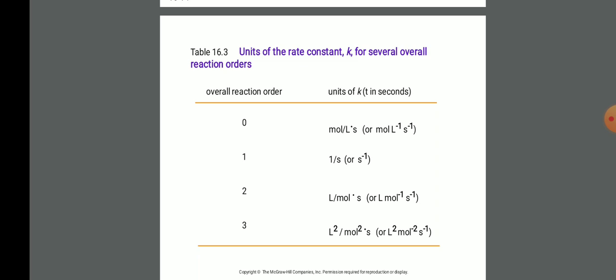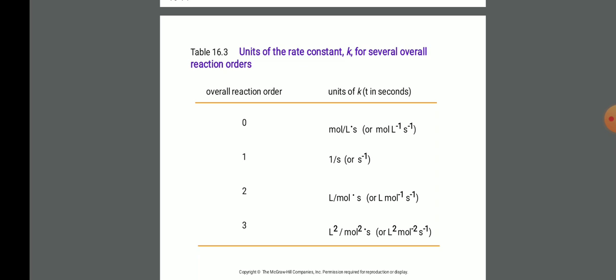Okay, the unit of the rate constant k for several overall reaction orders: zero order, first order, second order, third order. Step by step, the zero order reaction unit is moles per liter per second. First order reaction unit is per second, or second inverse.